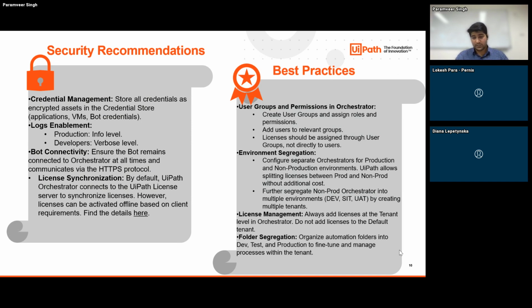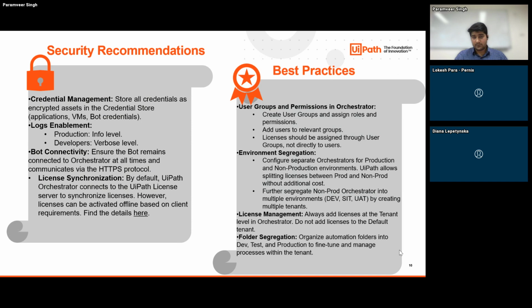For example, create a user group for developers, for robot users, for automation users, and assign a relevant set of roles to them. Later on, add the users to the relevant groups. For example, if it is a developer, add them to the developer group. If it is a robot user, add that user to the robot group that has the right permissions, right?